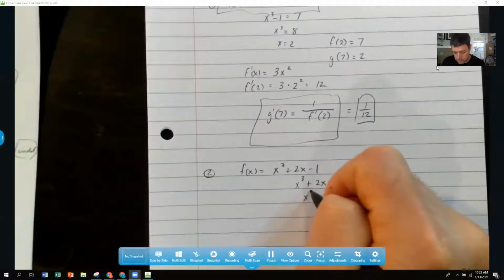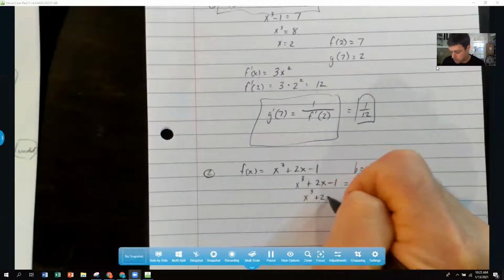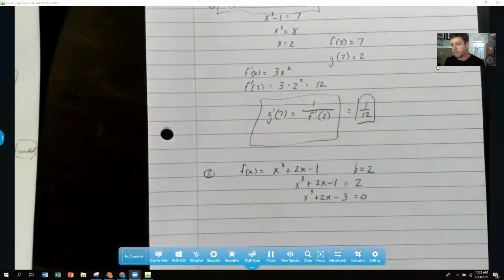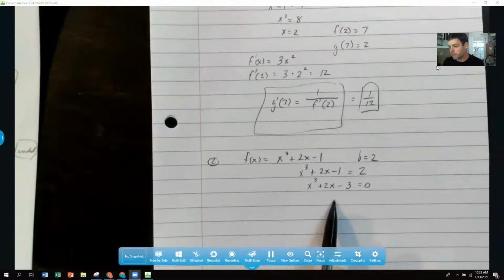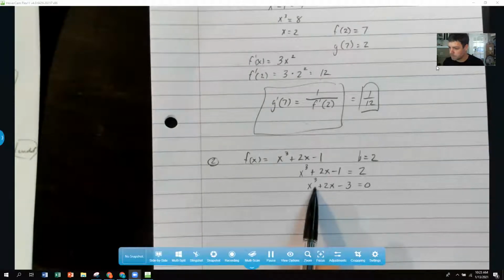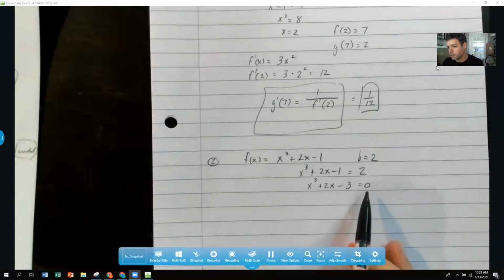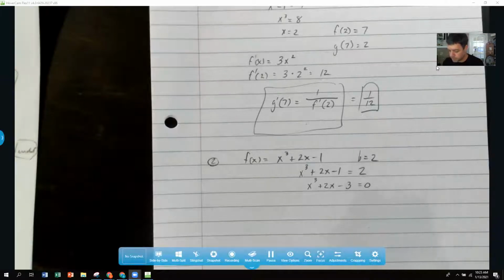So x cubed plus 2x minus 3 equals 0. If this was x squared, we would factor. It's x cubed. So one option is to use a calculator. You would graph it and see where it crosses the x-intercept, and that would be your x equals.